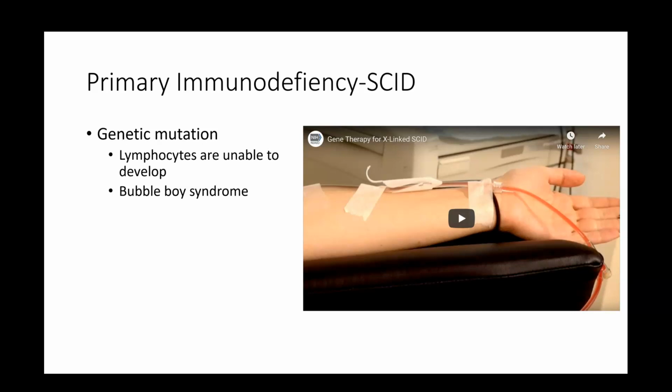So we have no B cells or T cells, and sometimes in severe cases, both. Typically there's some gene that is incorrect that doesn't allow the B cell receptor or the T cell receptor to develop correctly. And if those don't develop, we don't have B cells or T cells.